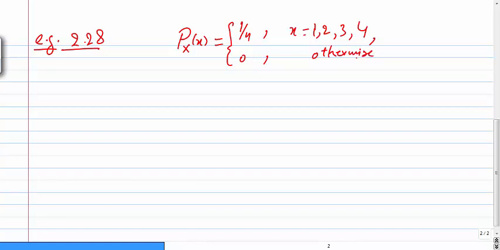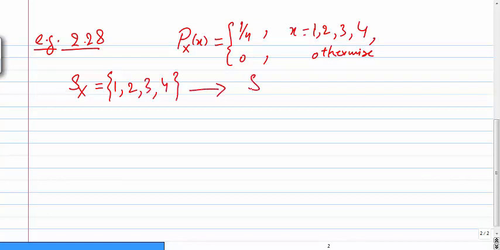This is the PMF given to us, and the sample value range for X is 1, 2, 3 and 4.